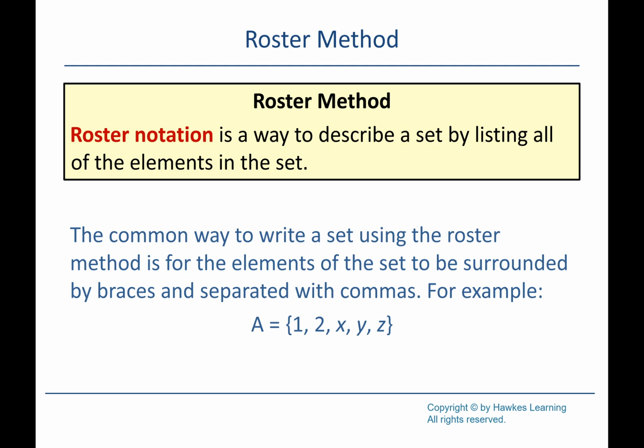And then we have these curly brackets on each end. And then here in the roster method, we just list out the stuff that's in our set, and we put a comma between each thing. So we would say set A is the set that has members 1, 2, X, Y, and Z. So they're just listed out there. So that's roster notation, or the roster method. We just list out the things that are in there.